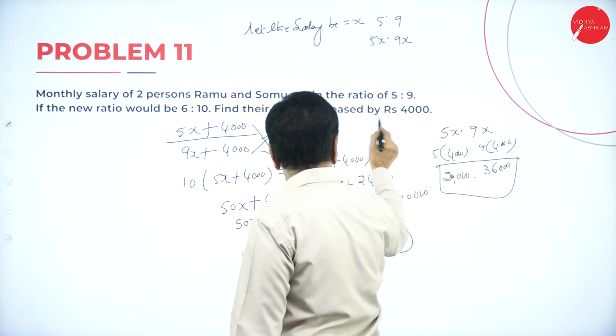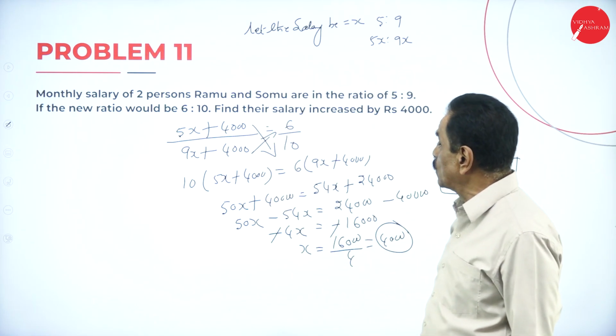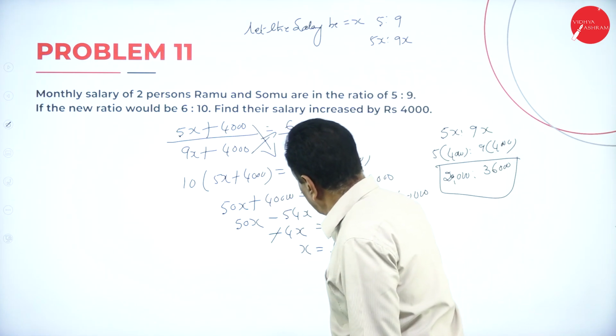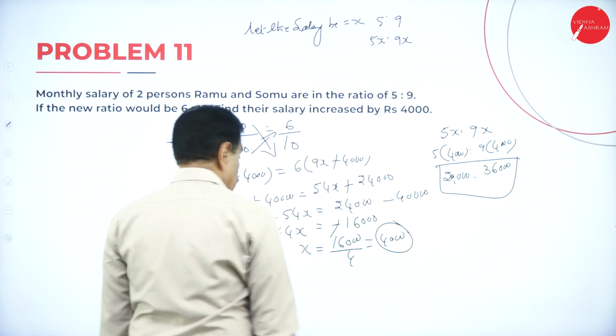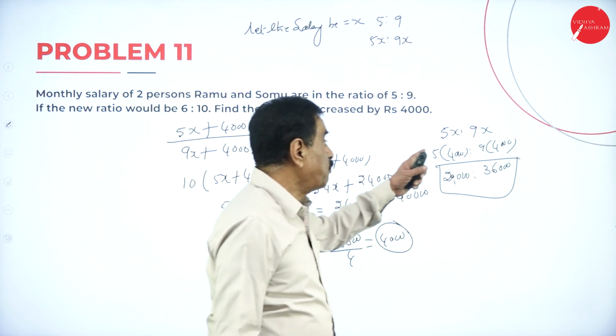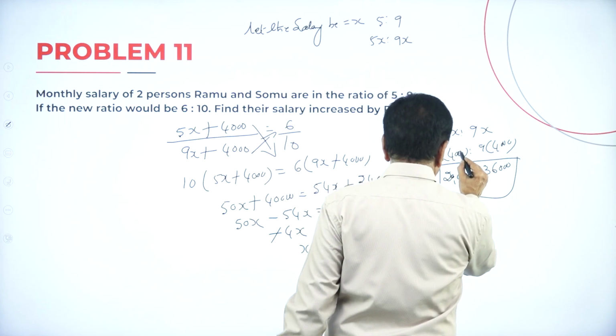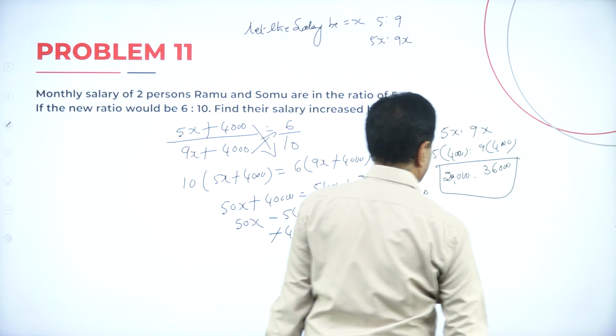And if the salary has been increased by 4,000, 5x plus 4,000, 9x plus 4,000 is equal to 6:10. Cross multiply. You got here minus 4x is equal to minus 16,000. X is equal to 4,000. So 5x is to 9x: 5 into 4,000, 9 into 4,000.